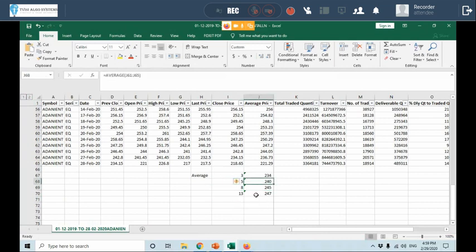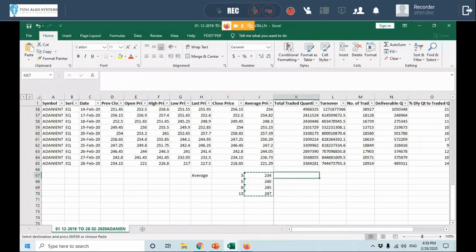Last 5 days average is 240, and last 3 days 234. That means the average price is coming down. Right, means someone is selling the stock. Obviously we know what's happening in the market for the last 7 days. So as of now this analysis will not help you much, but in a normal market, it will really help you understand what is happening in that particular stock. Okay, so this is my average price.